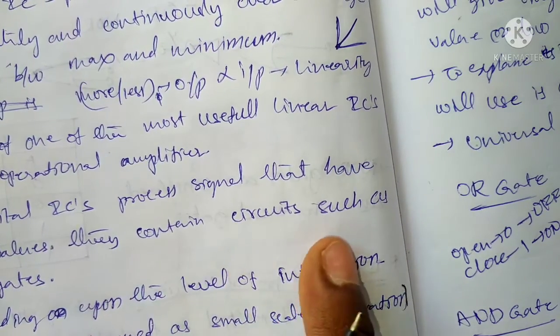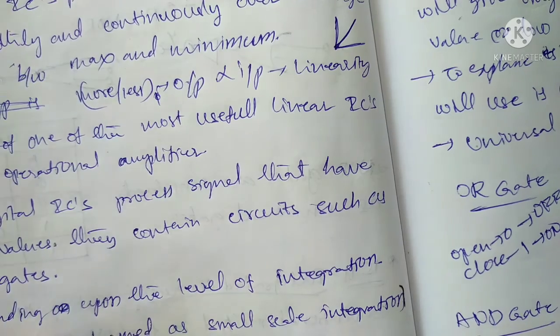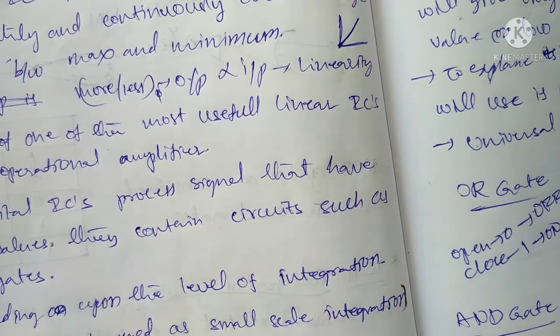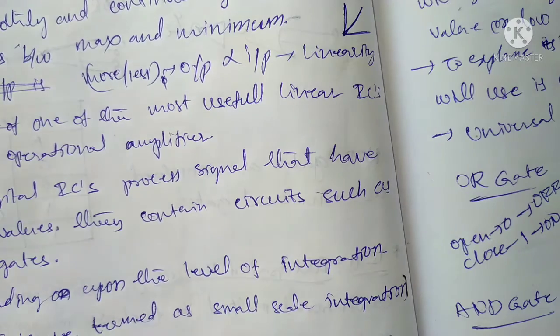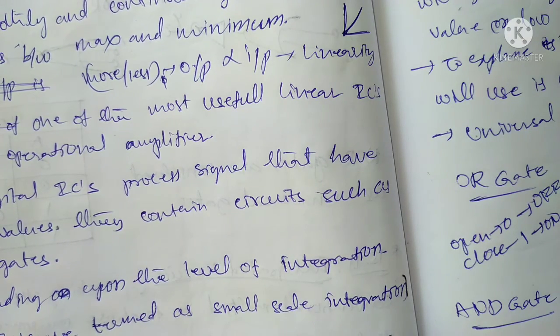They contain circuits such as logic gates. With the help of logic gates, digital integrated circuits can be manufactured. It depends upon the level of integration, and this can be used in DRDO technology.